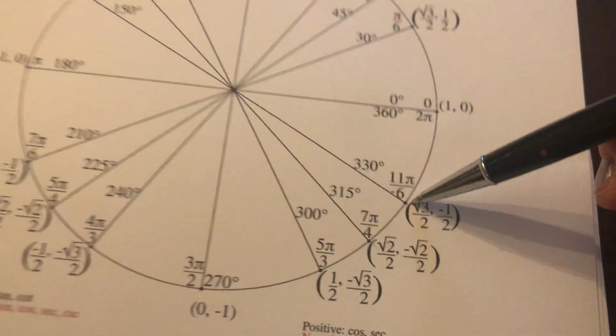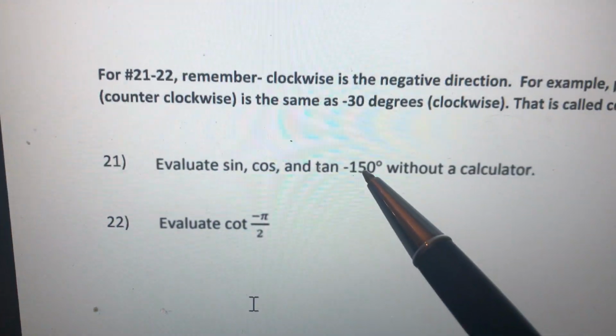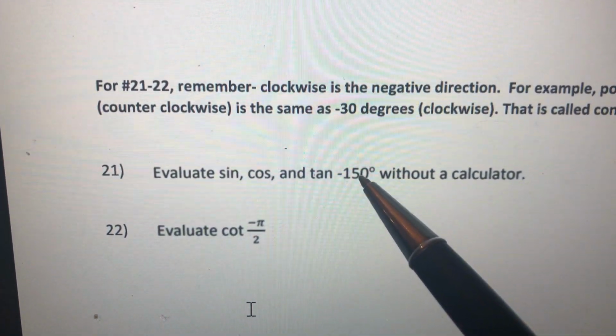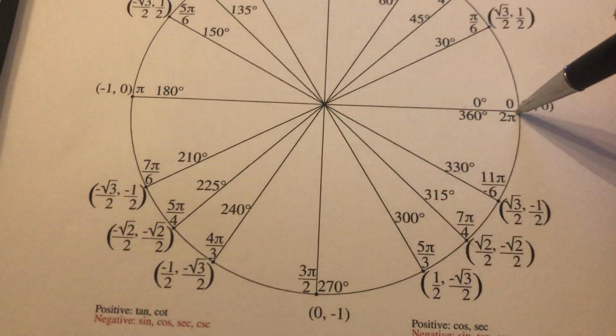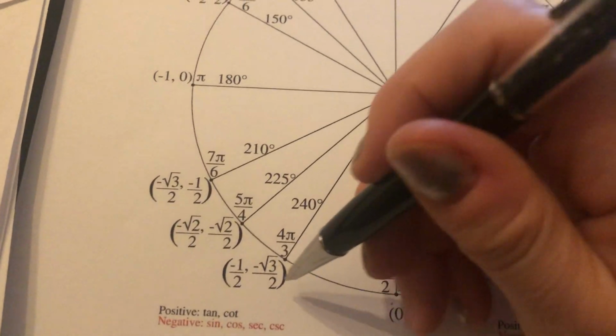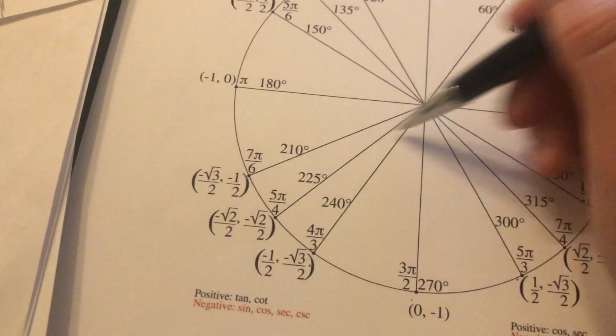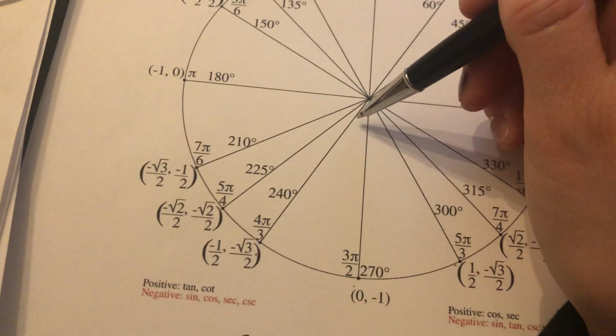All right, so for number 21, if I want to say, what is the sine, cosine, and tangent of negative 150 degrees? So negative 150 degrees, that means I'm going negative 30, negative 60, negative 90, negative 120, negative 150 degrees, which is the same as this right here. These are what they're called coterminal angles.